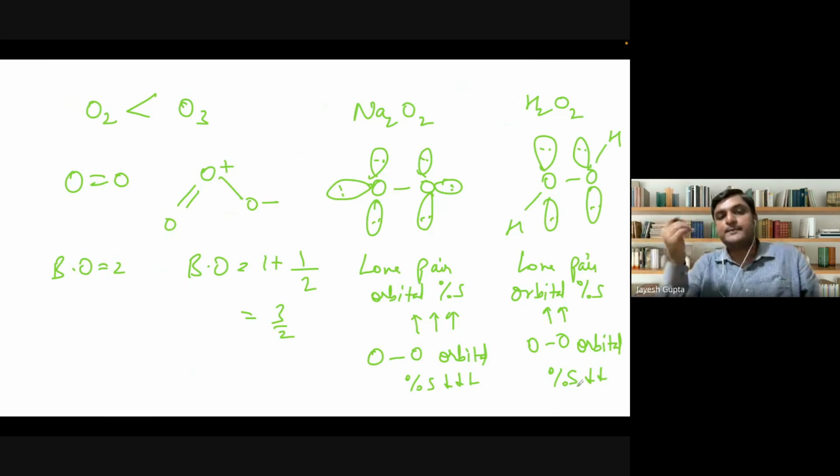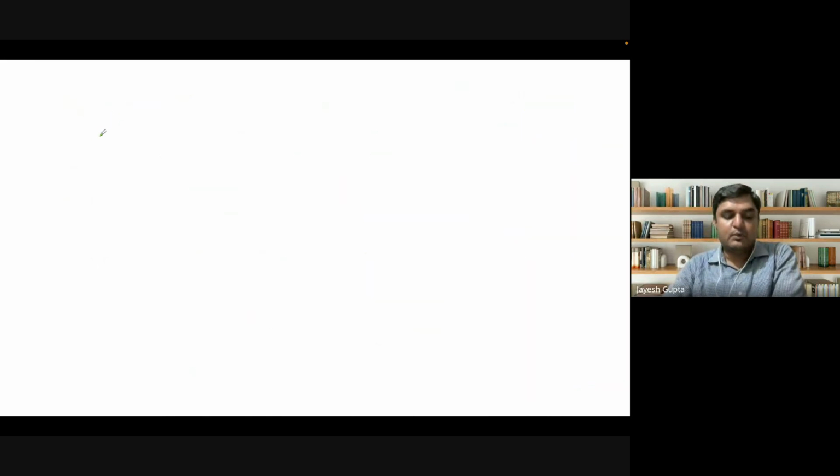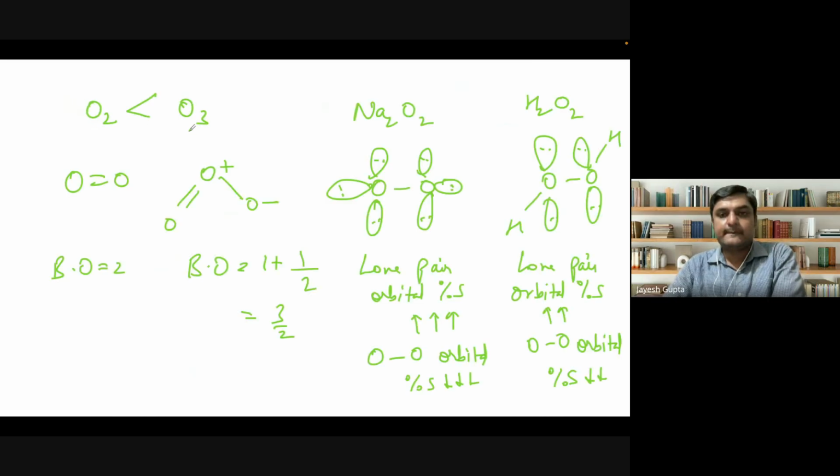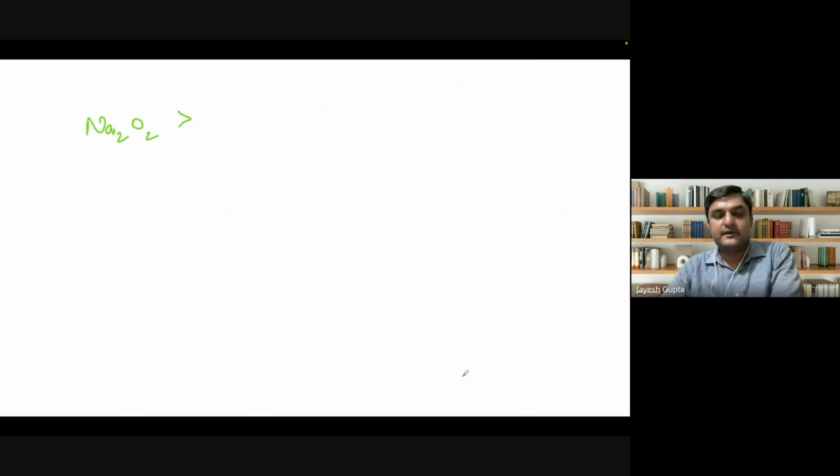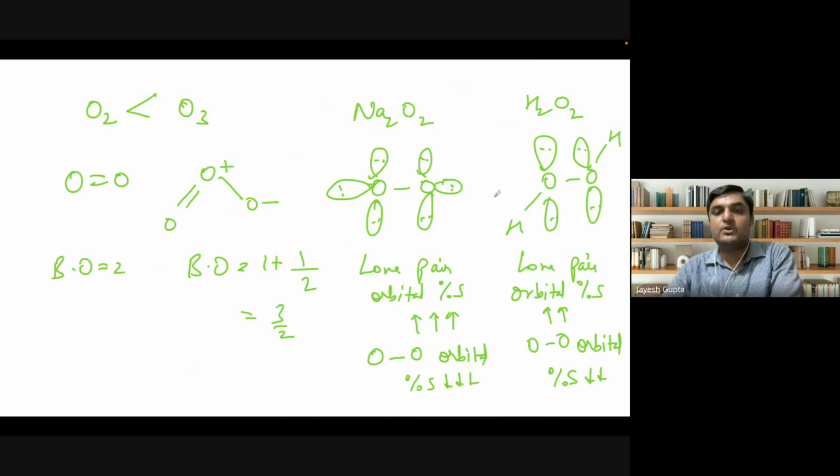Now, since a single bond is present in Na2O2 and H2O2, in any way Na2O2 and H2O2 are both greater than O2 and O3. So collectively you can write like this: the highest bond length will be of Na2O2. Here you have seen the percentage is decreased by a very large amount, so it became bigger.